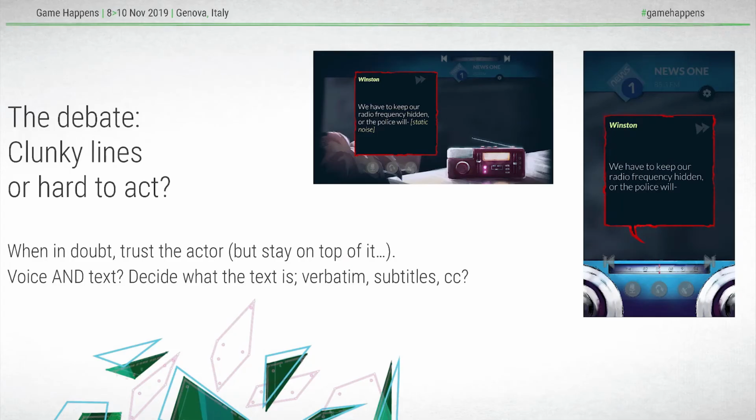But then you can also have closed captioning if you want it to be accessible to deaf people or people who are hard of hearing as well, which is the difference between those two images, as you might be able to see. The left one has static noise in brackets because that tells you all of the sound that you hear. Thinking about which way you will use to convey your words in your game is really important.